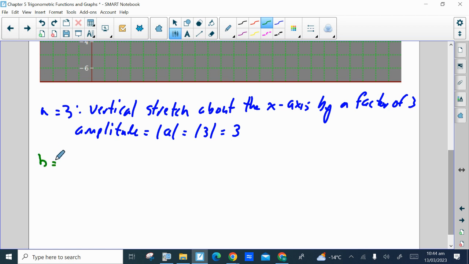Our b parameter is positive 2. So that's going to cause a horizontal stretch about the y-axis.